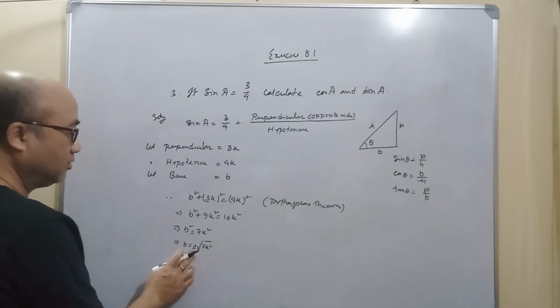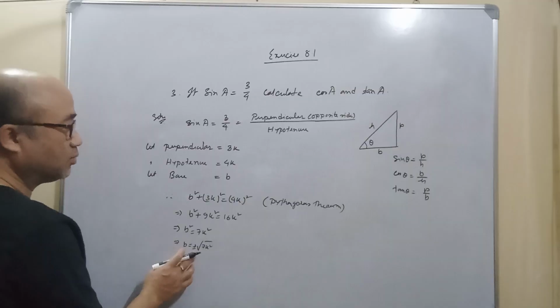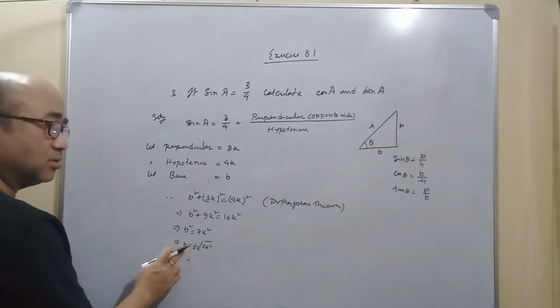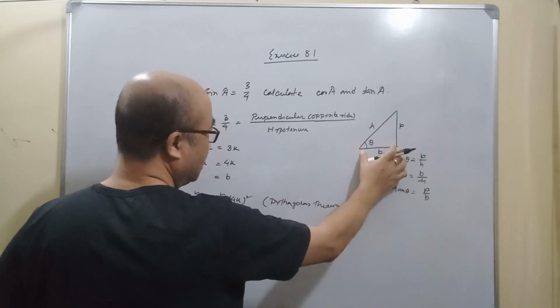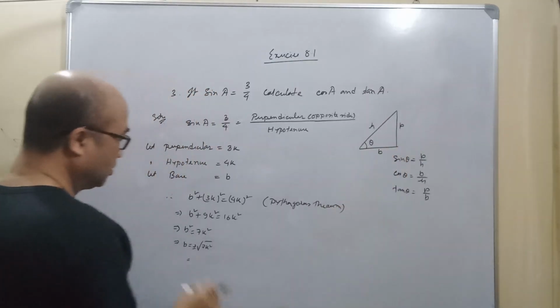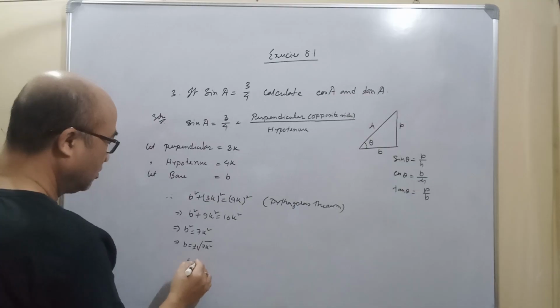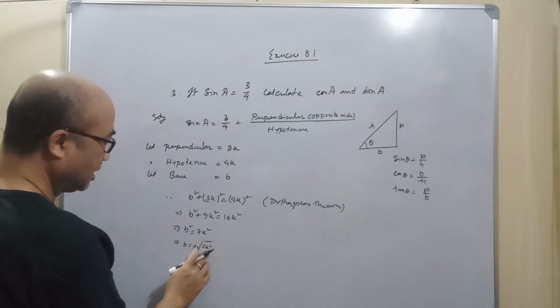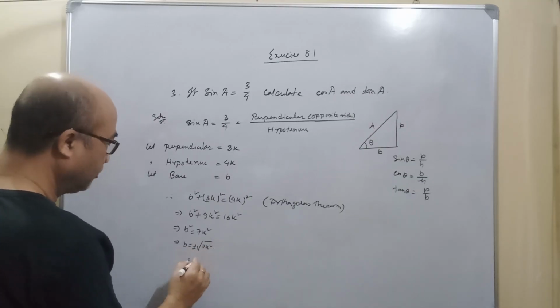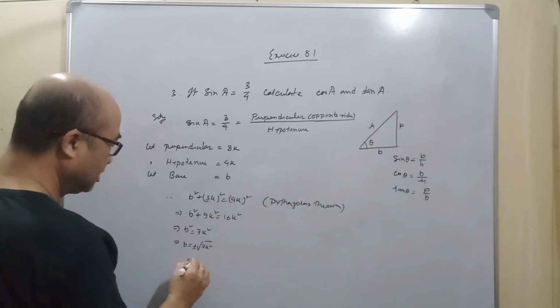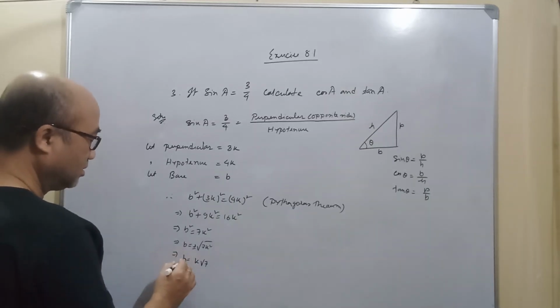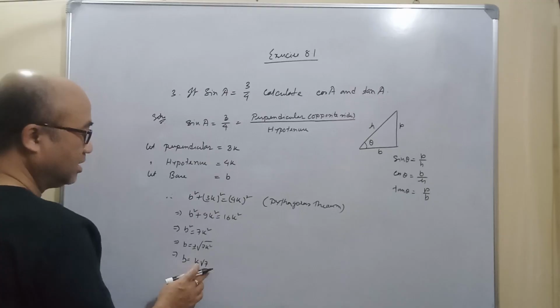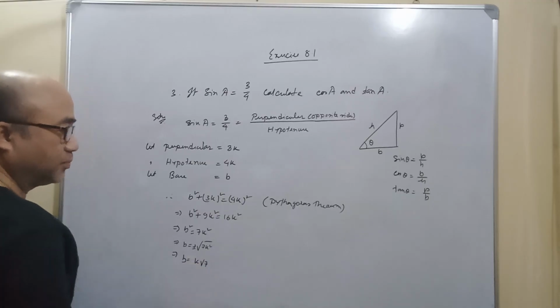Why the positive value? We get plus and minus, but we take only the positive value because b is the length of a side, and length cannot be negative. So the result is k square root of 7. This is the answer. So base is k square root of 7.